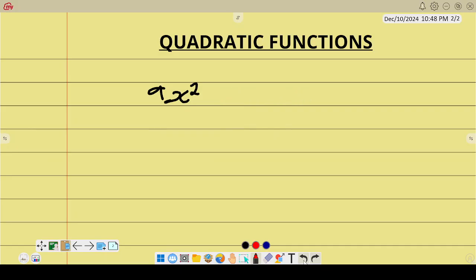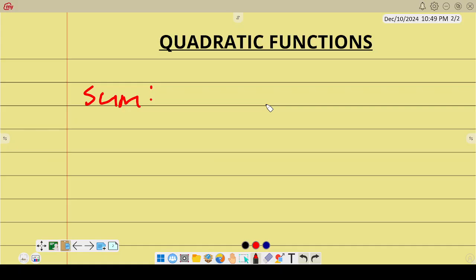foundation. So now we have to discuss the sum and product. I shouldn't have wiped the quadratic function, because we'll need it throughout.